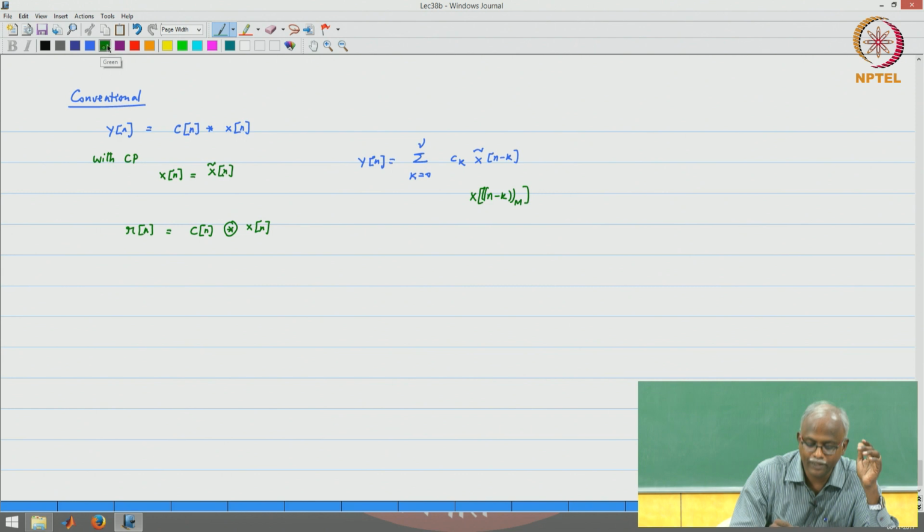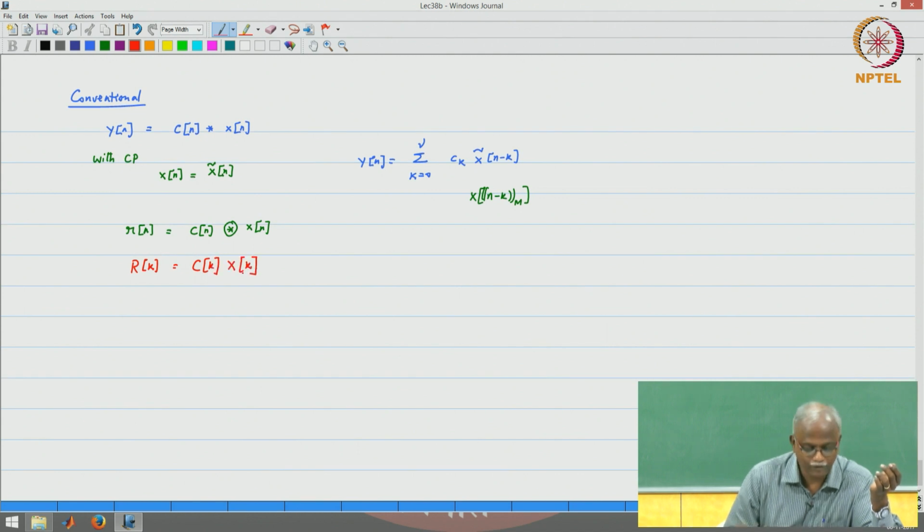Now, can you express this equation in DFT terms? Circular convolution. So, which means R of k is equal to C of k times X of k, correct? So, it is the DFT of C, the channel, and the DFT of x, basically the vector without the cyclic prefix. Basically you have taken that portion of it, because that is the part that you will have to take the DFT of, multiply the two and then write down the expression.